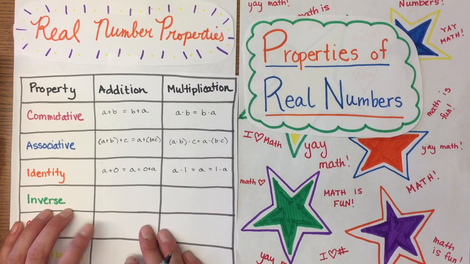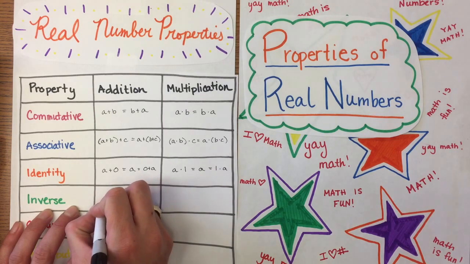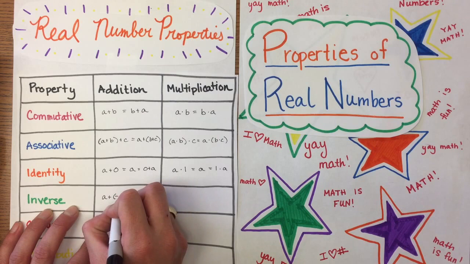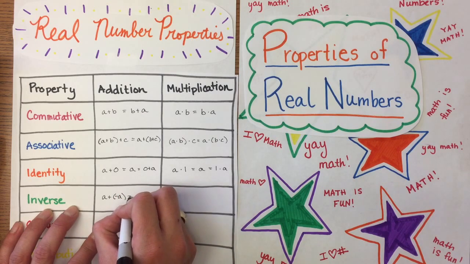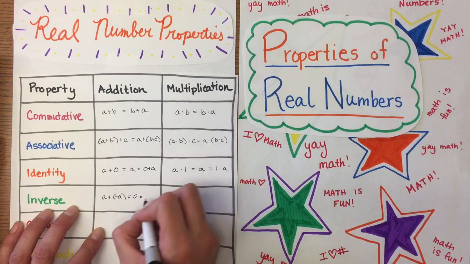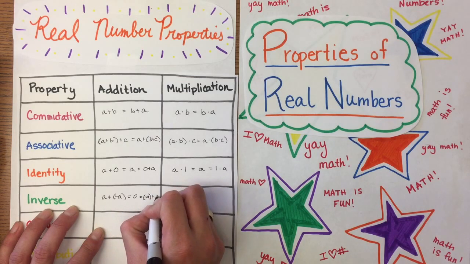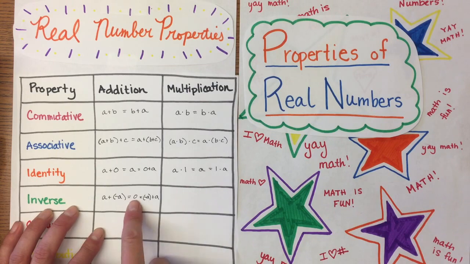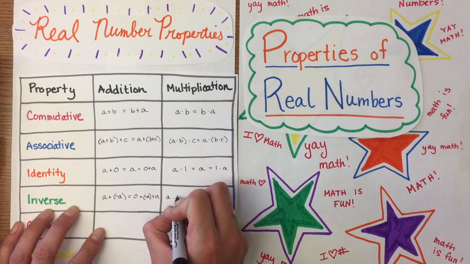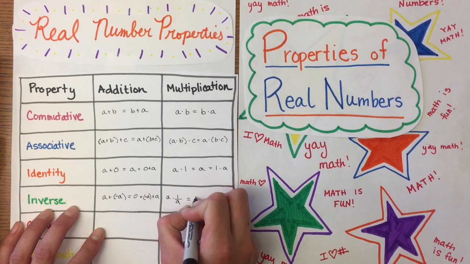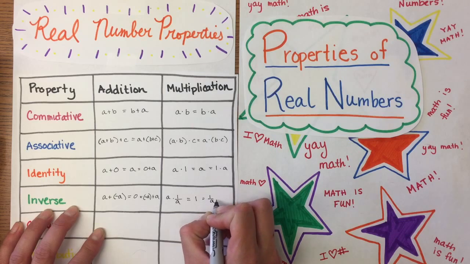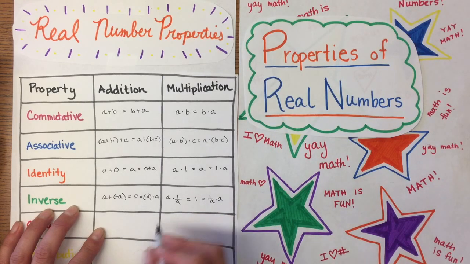The inverse property of addition says that A plus the opposite of itself is equal to 0, or the opposite of a number plus itself is equal to 0, or A times 1 over A is equal to 1 for multiplication, or 1 over A times A is also equal to 1.